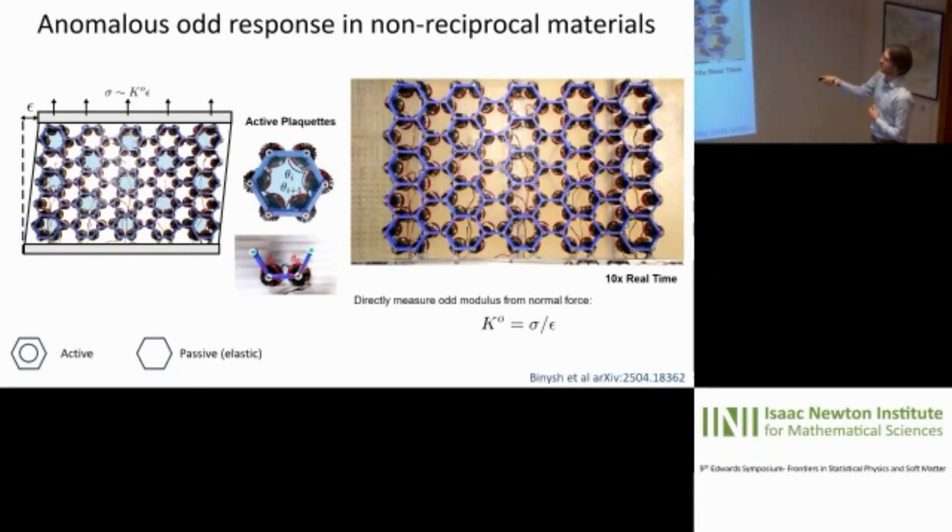You instead want to measure the normal stress at the top due to the simple shear, and this coupling between the normal stress and the simple shear is exactly given by this odd elastic modulus. So you can directly measure this odd elastic modulus by dividing the two out, right? Divide the normal stress by the shear.